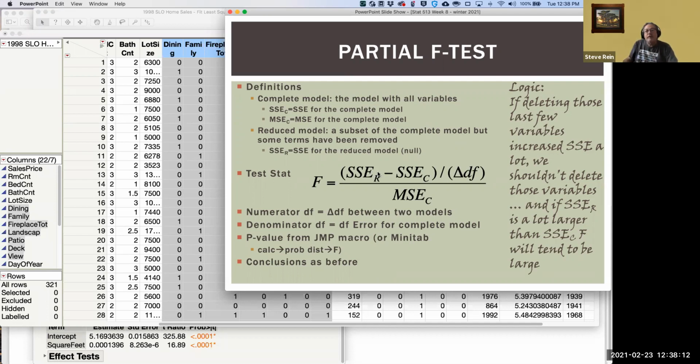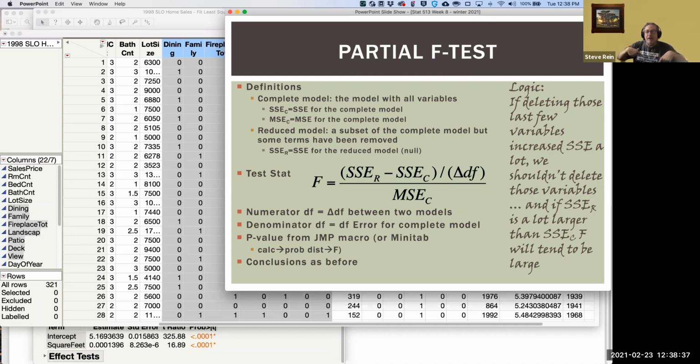So I'm going to literally just compare the difference of the two SS errors for the reduced or smaller model and for the complete model with the additional terms in it. The terms complete and reduced, unfortunately, sometimes it's easy to mix the two of them up. I just think the bigger one is complete.